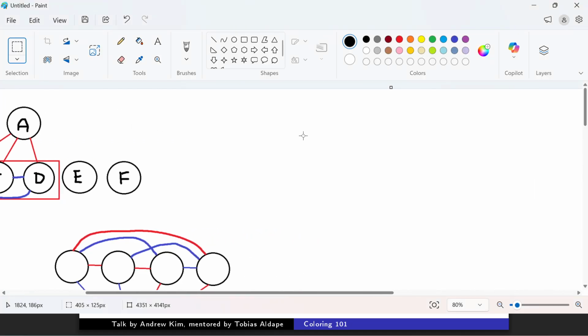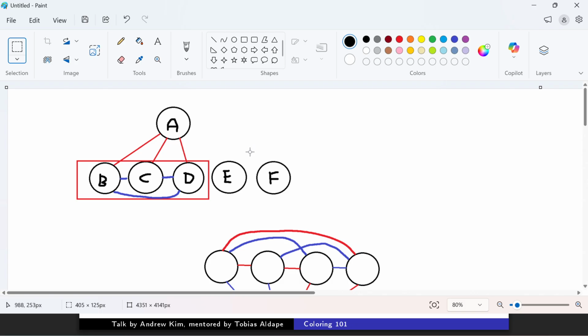First, I want to clarify that knowing in this case is a symmetric relation. So if A knows B, then B will also know A. But it's not transitive, which means that A knowing B and B knowing C doesn't mean that A knows C. With these two restrictions in mind, you can imagine that we can turn this into a graph where the nodes are the people, and the color of the edge represents either them knowing or not knowing each other.